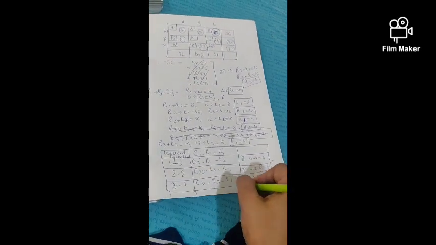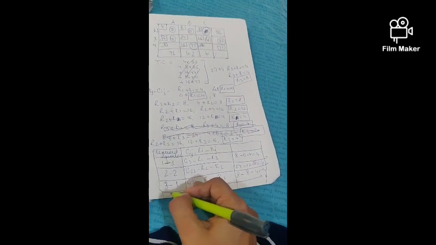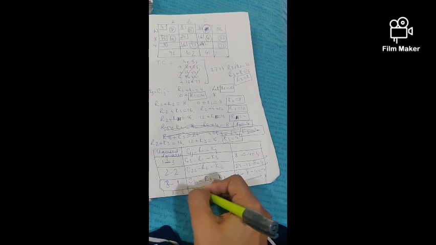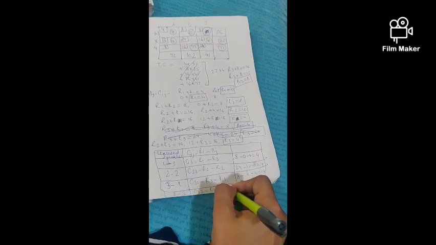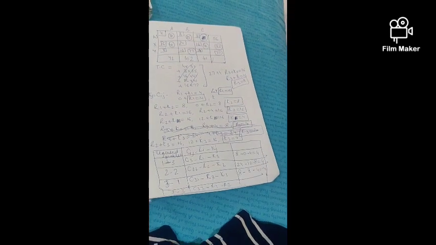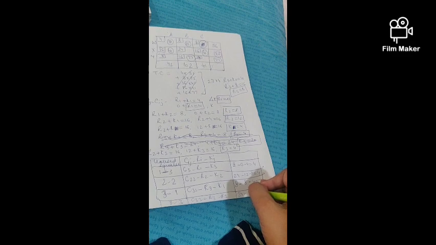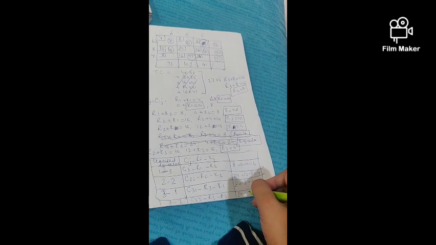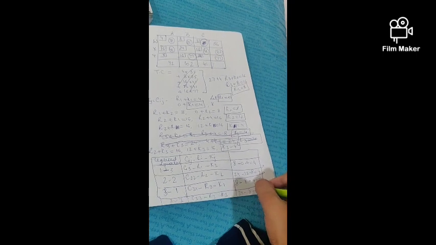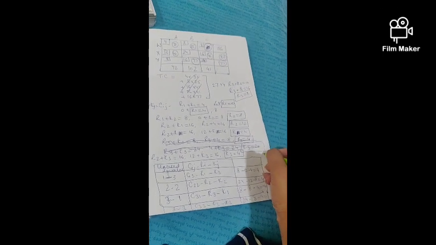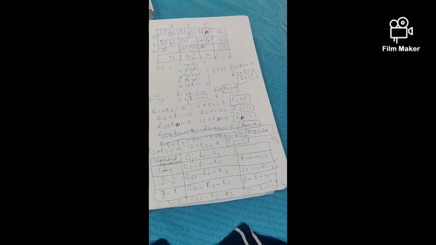And last we have 3 3. C33 minus R3 minus K3. So your C33 is 24 minus R3, R3 is 8, minus K3, which is 4. 24 minus 12 is 12.